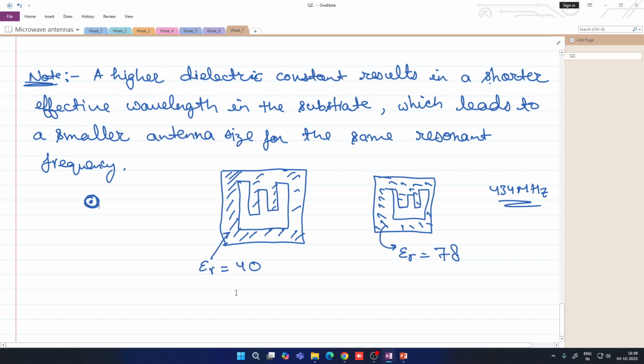That's just a small note, but that question was basically asking why the size of the antenna is smaller. If it has a higher dielectric constant substrate, then the size of the antenna will be smaller, because a high dielectric constant results in a shorter effective wavelength in the substrate.